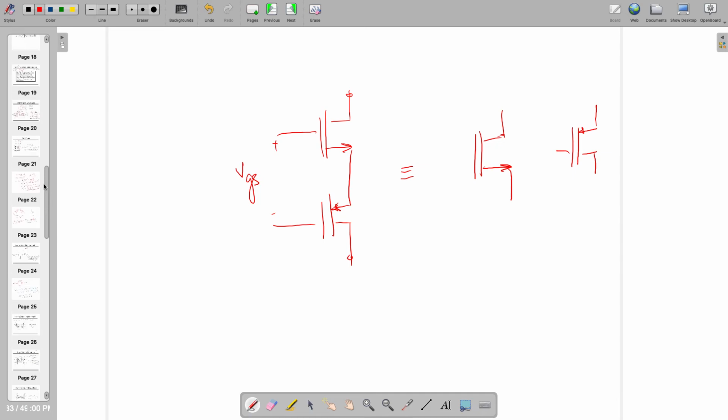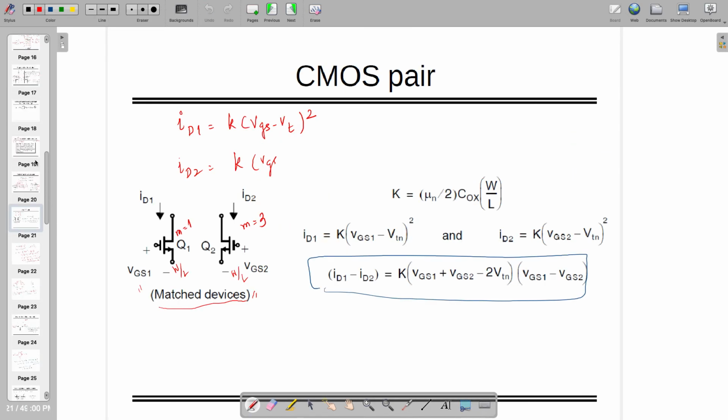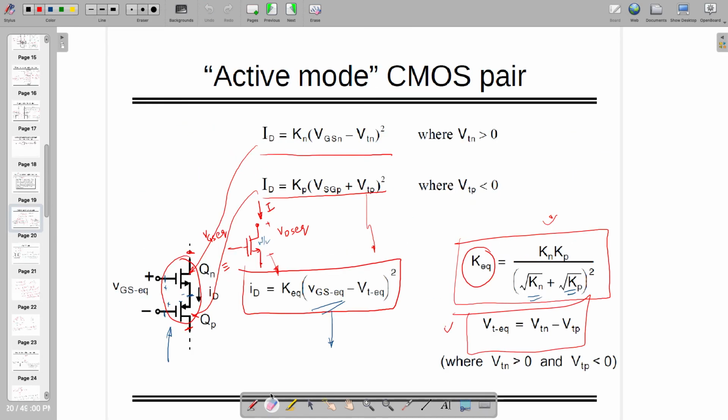So what I'm saying here, if there are two transistors, look at this sign. Both our sources are shorted together, and such a transistor, I am saying that it's equivalent to one big NMOS transistor whose equation is known to me.